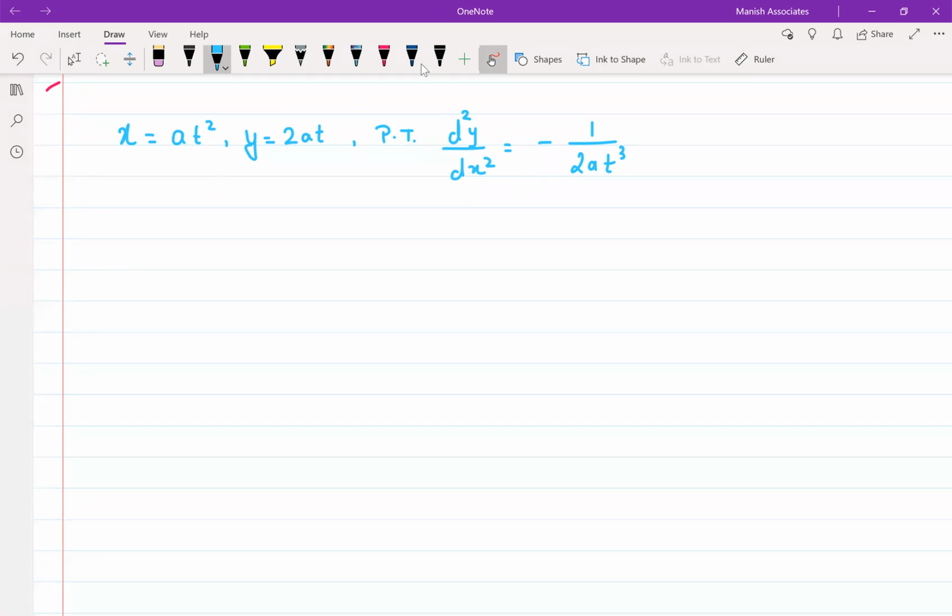So this is the problem that we need to solve. I have x is equal to at square, my relation 1, and I have y is equal to 2at, my relation 2. I observe that both x and y are in terms of a third variable, which is t.